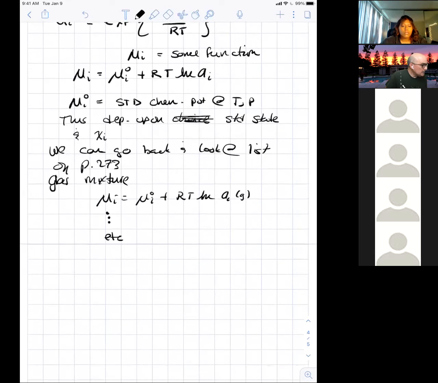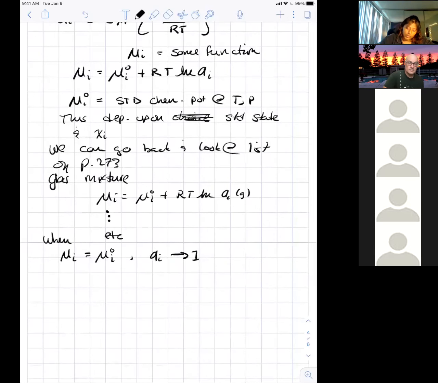Okay, but the one thing we want to realize is that when the chemical potential of the species I equals the standard chemical potential of species I, then the activity goes to 1, right?